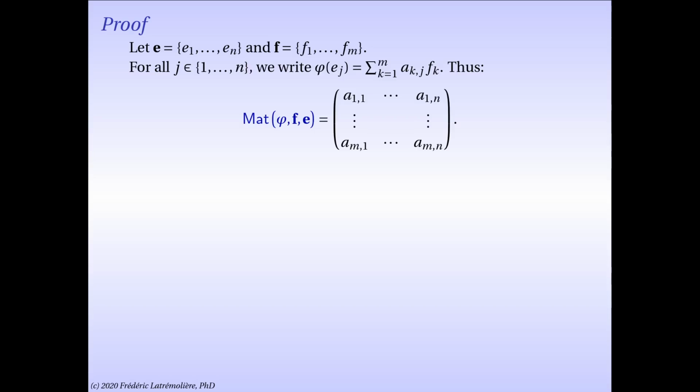We thus have that phi at e sub j is the sum over k from 1 to m of a sub kj times f sub k for some scalars a1j etc. amj, since f1 to fm is a basis for F. Thus, the matrix of phi in the bases bold E and bold F is, by definition, the m by n matrix whose kj entry is a sub kj.